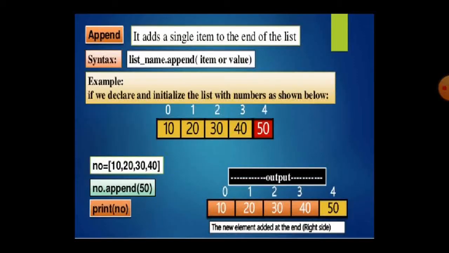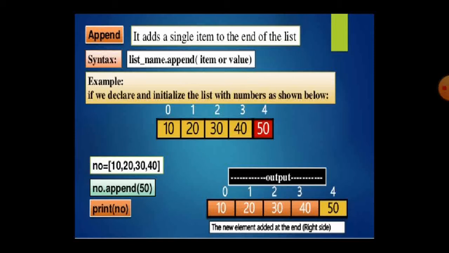Append function. From the name itself you know that append means end. You are adding a single item to the end of the list. What is the syntax for writing this? List name dot append, and in the brackets you pass the value, that means the item.